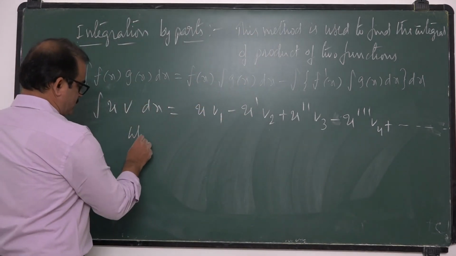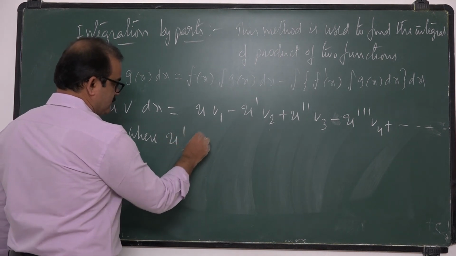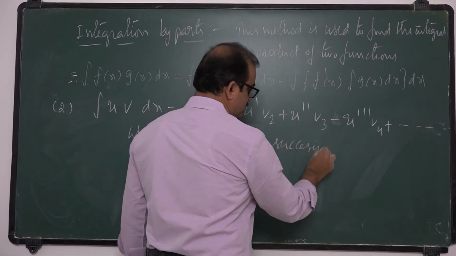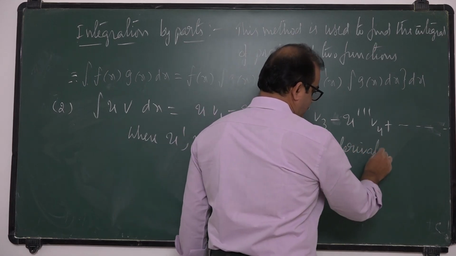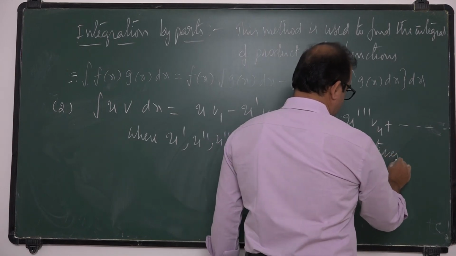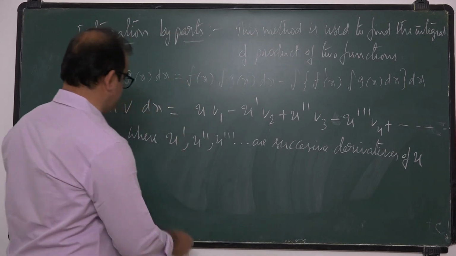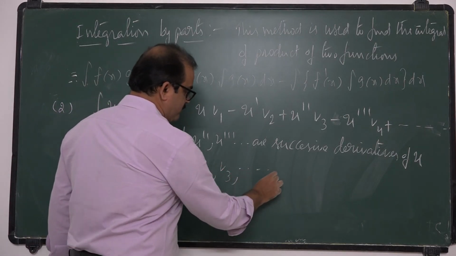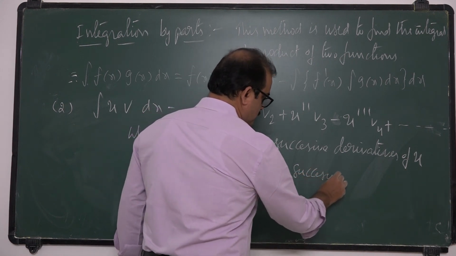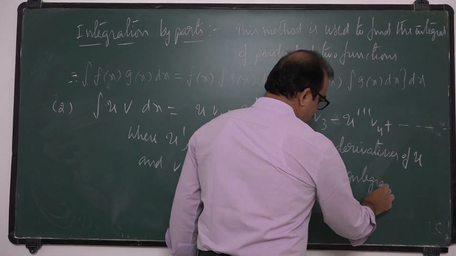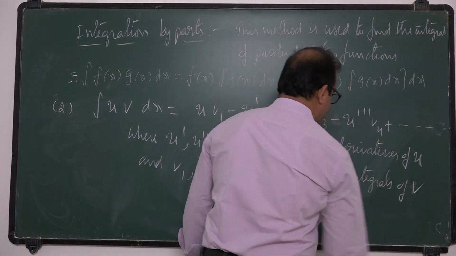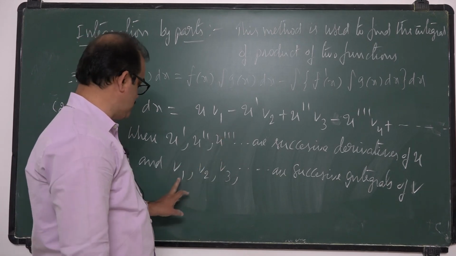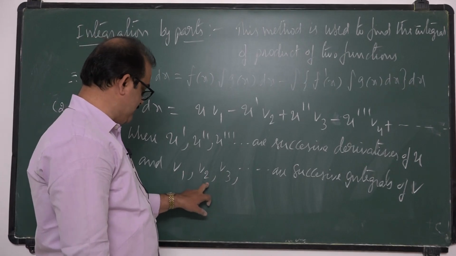You write where u dash, u double dash, u triple dash, and so on are successive derivatives of u, and v1, v2, v3, v4 and so on are successive integrals of v. u dash is the first derivative of u, u double dash the second derivative of u, and so on. v1 is the first integral of v, v2 the second integral of v, and so on.